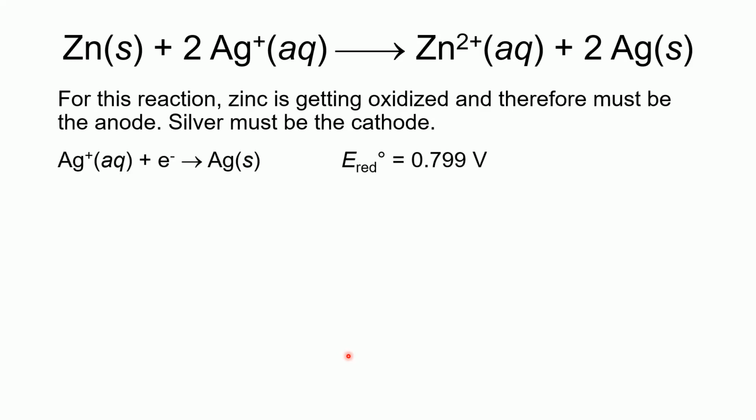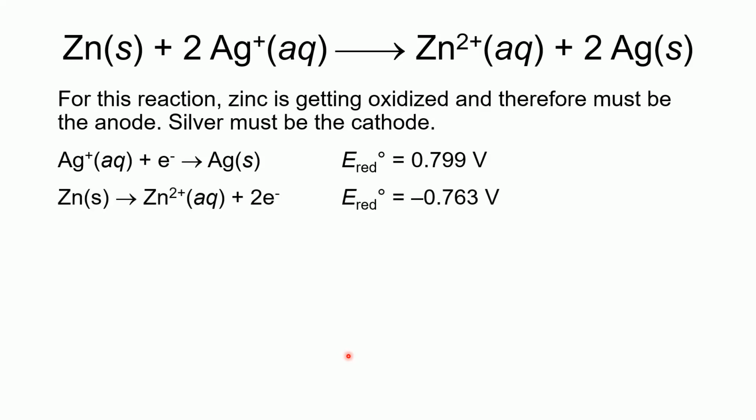So we'll write down these two half reactions. Silver ion plus an electron gives us silver metal. That is our cathode. If we look on our appendix, we'll see that that comes out to 0.799 volts as our reduction potential.